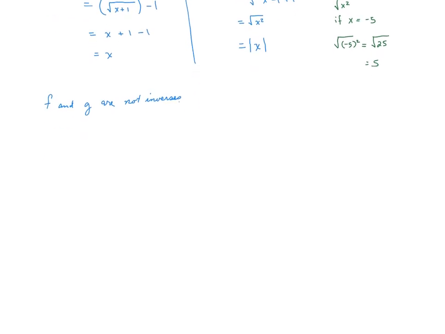So, we have the graph of f, which is a parabola, shifted down 1 unit. And then we have the square root of x plus 1, which is going to be our square root function.